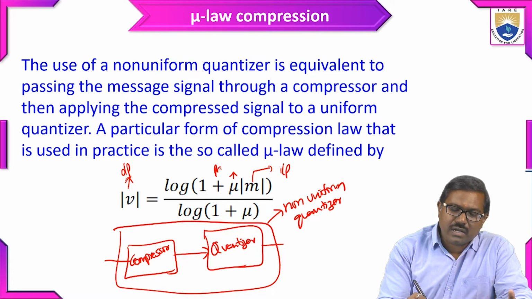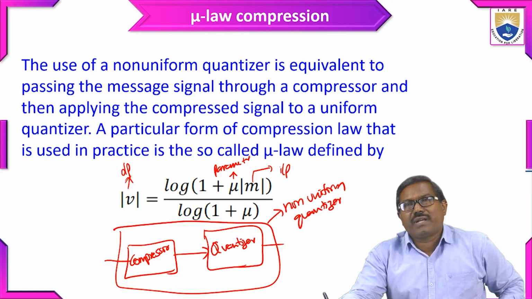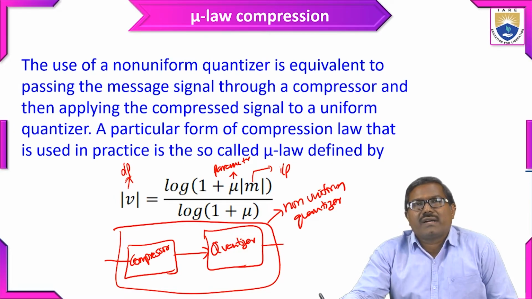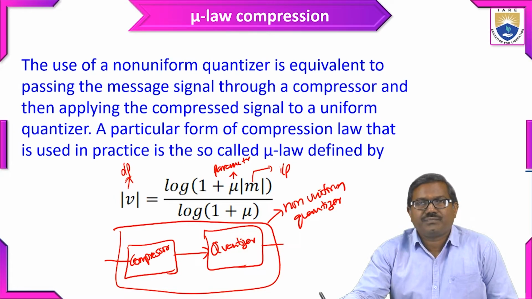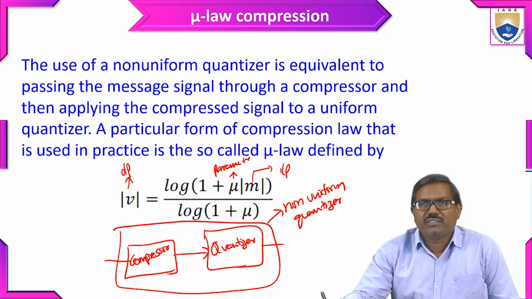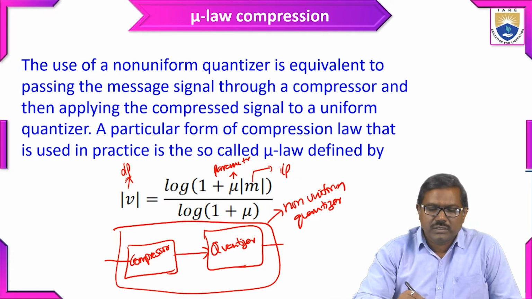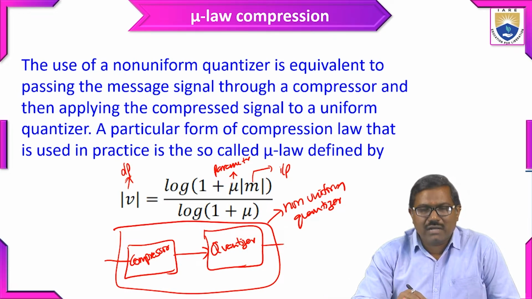Depending on this parameter, my compression is done. For example, if the mu value is 0, what happens? Mu is 0, so here we get log 1 by log 1.